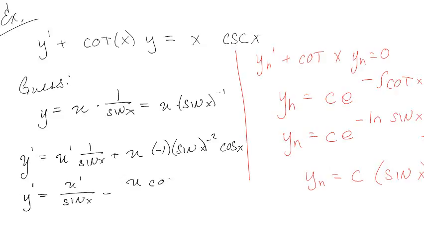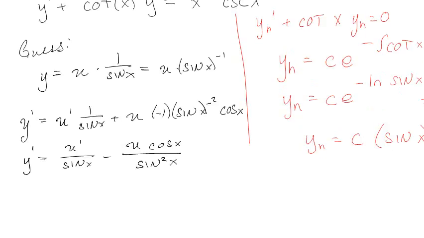So this is cosine x like this, with a sine squared x down here, like that. And I don't really feel like simplifying it that much, so I'm just going to go ahead and plug it in.